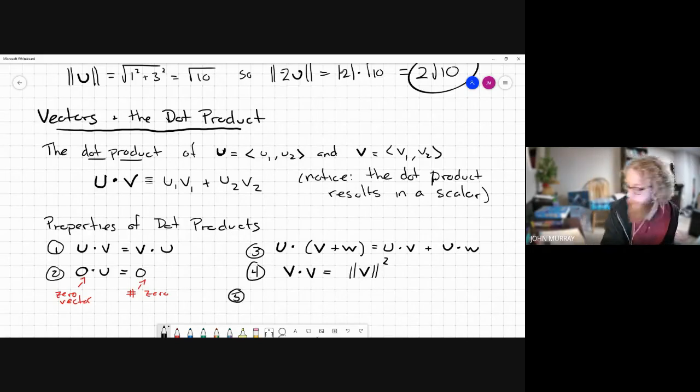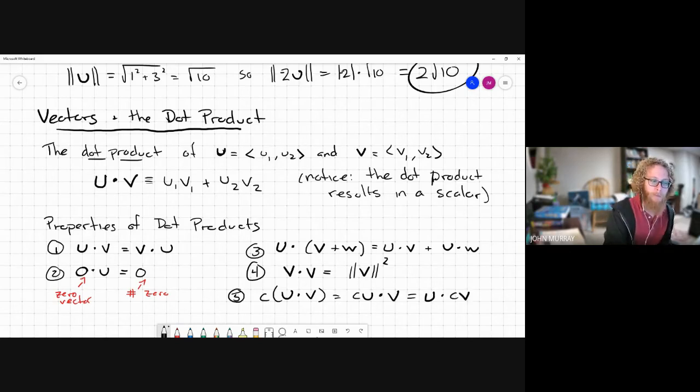And then the fifth one is interesting. It's kind of like a distribution, but it's a little different. So if I'm doing the dot product and I'm multiplying that by some scalar, then I can distribute that to either the first vector or the second vector.